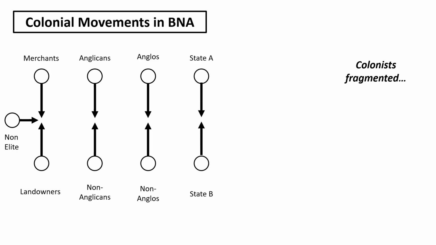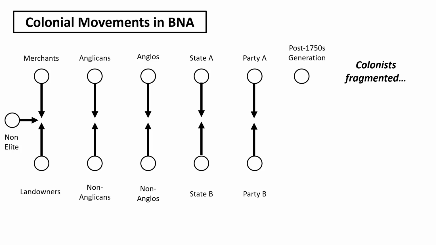Then there were political divisions, from the territorial disputes between Virginia and Pennsylvania to the patronage wars between the New York Delanceys and Livingstons. And on top of that, there was also a generational division. Half the colonists in 1775 were under the age of 16, meaning that they had no direct connection with the struggles that had begun a decade earlier.